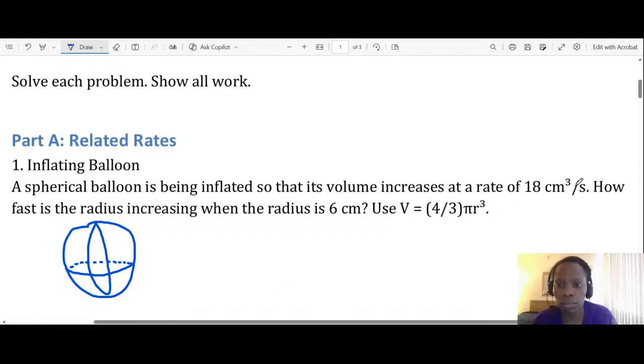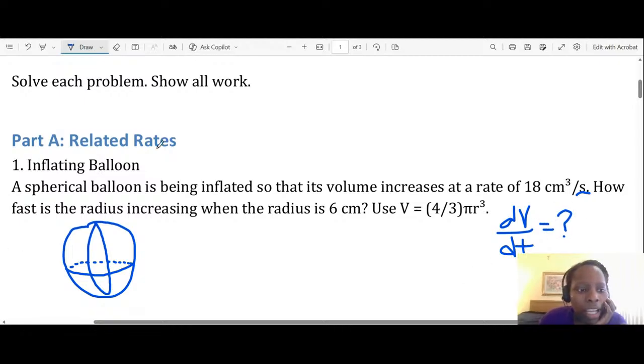So we need to take the derivative of the volume with respect to time. Seconds lets us know that we're doing it with respect to time, so we need dV/dt. Okay, so what is dV/dt? How fast is the radius increasing? Oh, guess what?